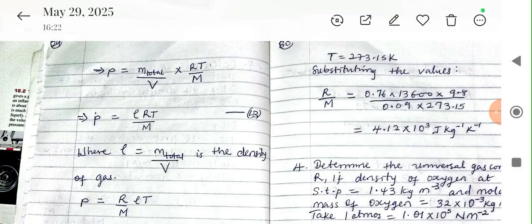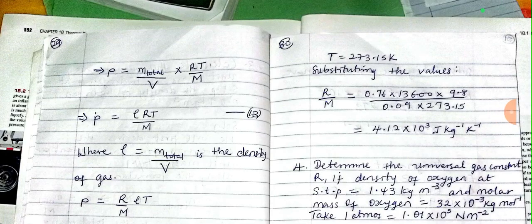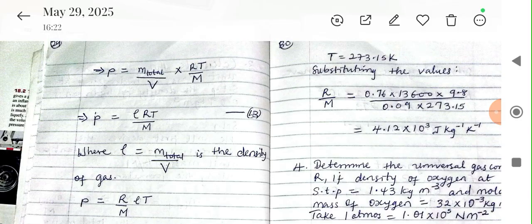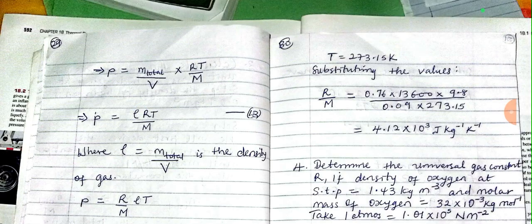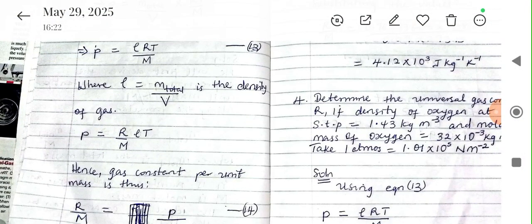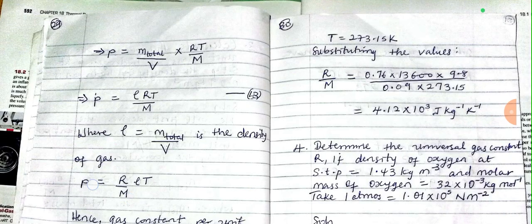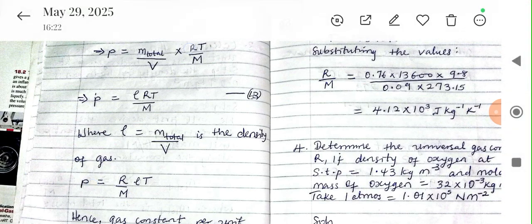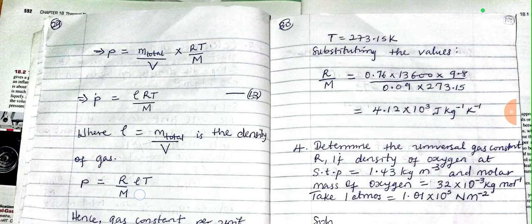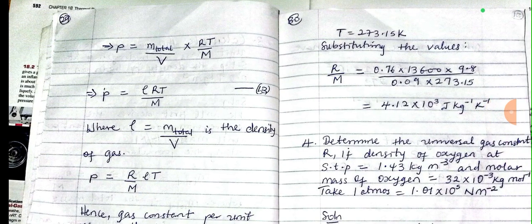Density is mass over volume, so total mass over volume. That means m total over V is now replaced by rho, the symbol for density. And then when you do that, our formula becomes P equals R over capital M times density times temperature.